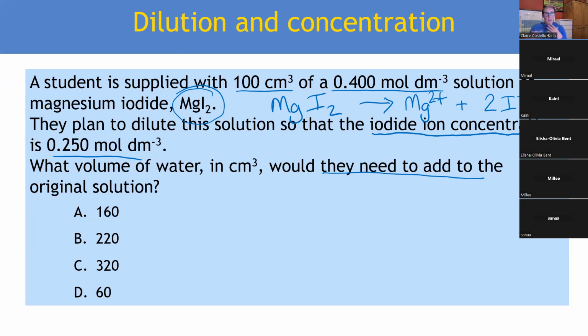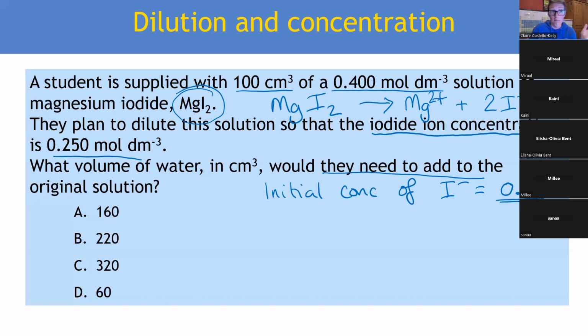The best non-chemistry analogy I can think of is if you had 4 cheese sandwiches and you decided to take them all apart, I don't know why, you would have 8 slices of bread, right? You wouldn't have 4 slices of bread because each sandwich is made of 2 slices of bread. So each unit of magnesium iodide is made of 1 magnesium and 2 iodides. So the initial concentration of I⁻ is not 0.4, it's 0.8.